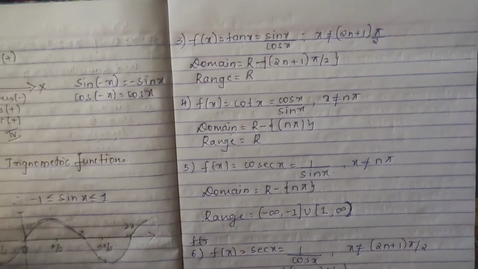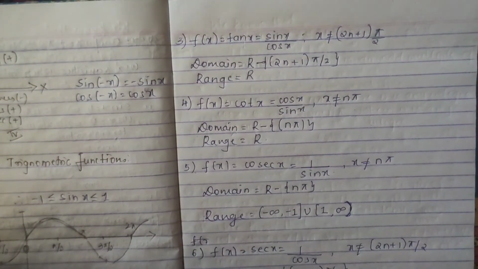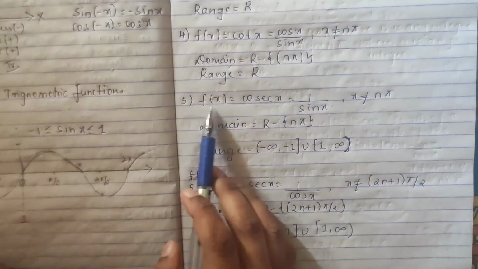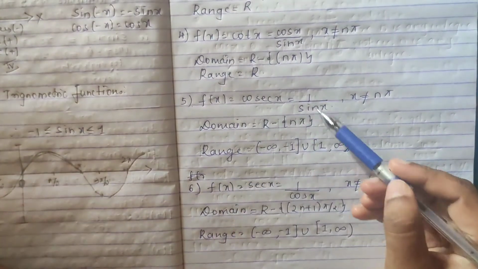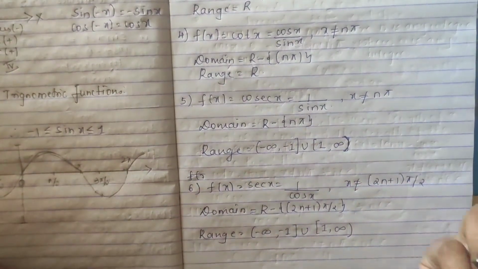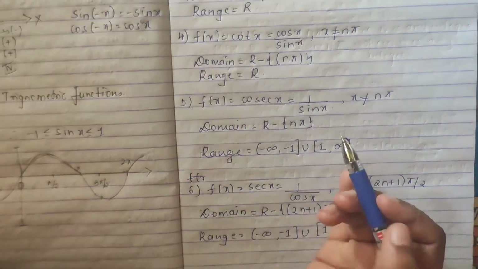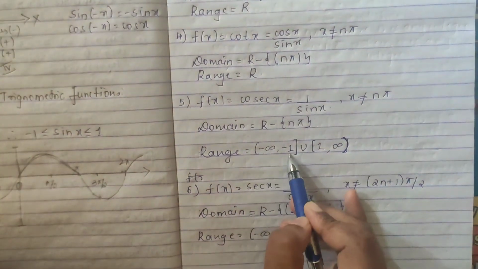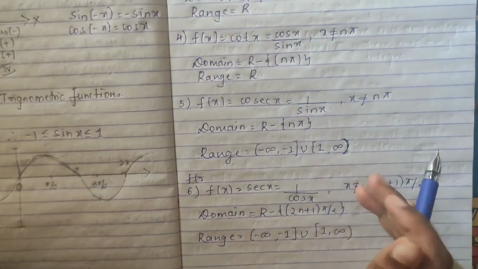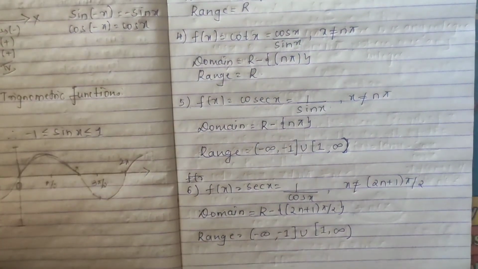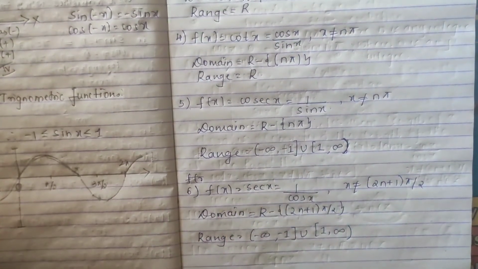Same goes for cosec and sec. For cosec x, it is 1 by sin x, but this should not be equal to n pi. So your domain will be that, but your range will be from minus infinity to -1 union 1 to infinity. Just note everything down. No need of going so deep.